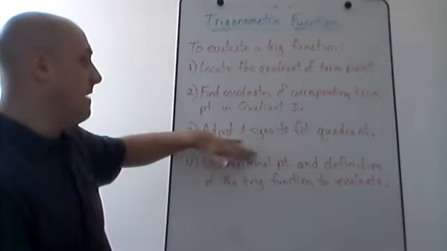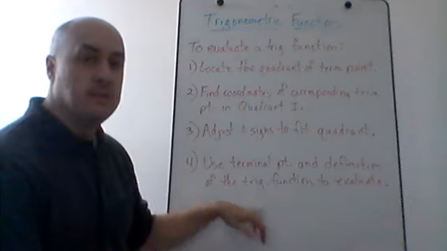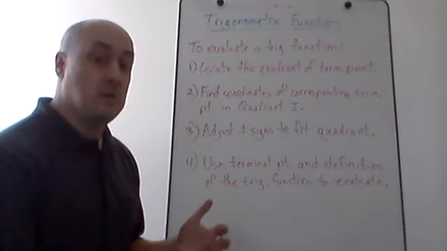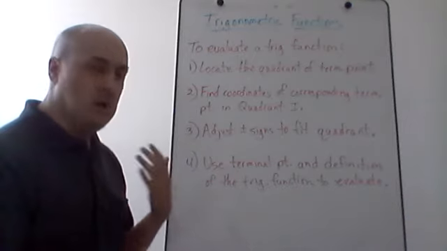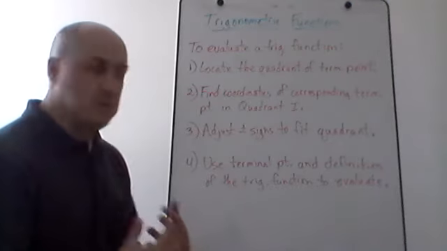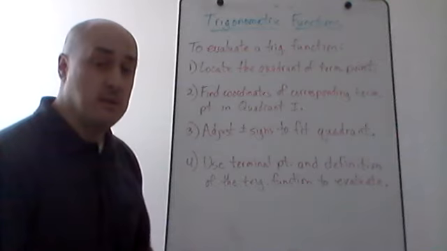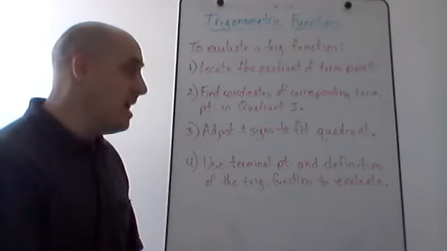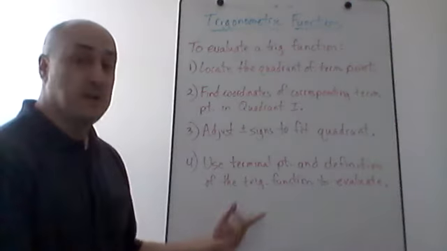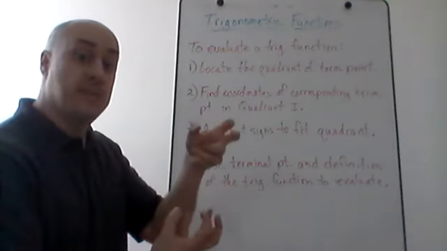So you have to find the terminal point, and then the last part is to take the x and y coordinates of your terminal point and put that together with the definition of the trig function you're looking for, to evaluate the function properly. If it's the sine function, I need to take the y coordinate of my terminal point. If it's the tangent function, I need to do the y coordinate over the x coordinate.